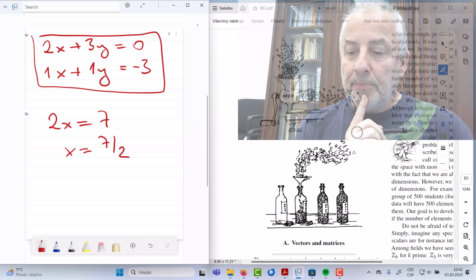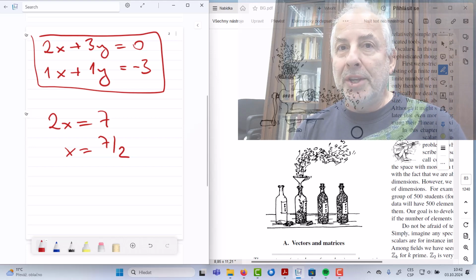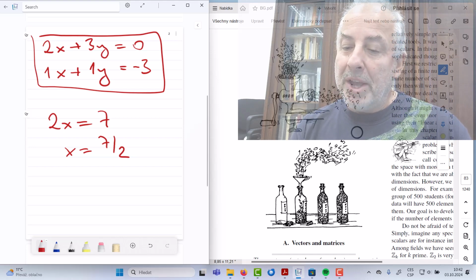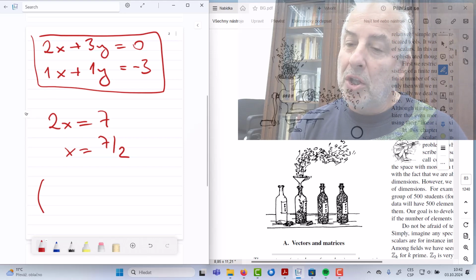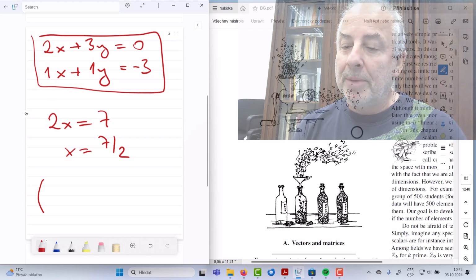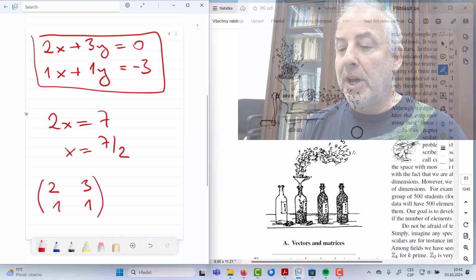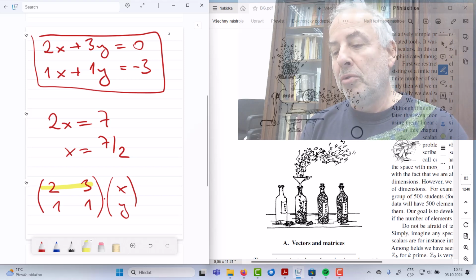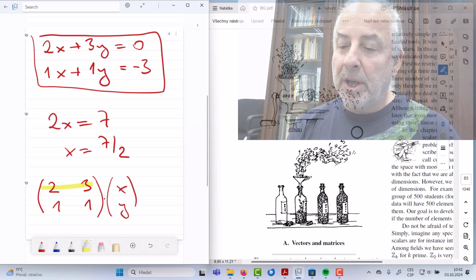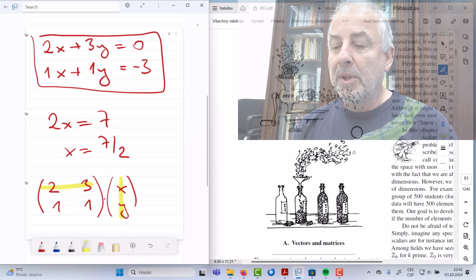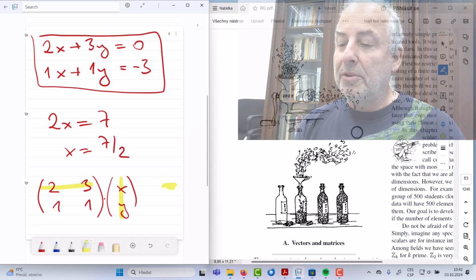So that's easy. So how does it link to matrices? A matrix is a scheme which would just allow us to write the same set of equations in such a way that you have just the coefficients in the array, a 2 by 2 array, and we write x and y here, and we know that there is the multiplication, and the multiplication works in such a way that you take the row in the left item and a column in the right item, and that will be the first thing in the result here, right?